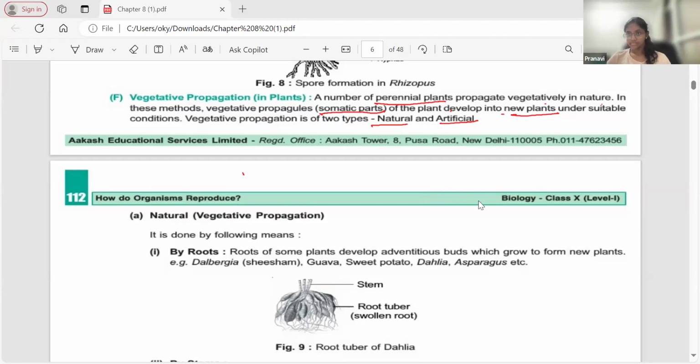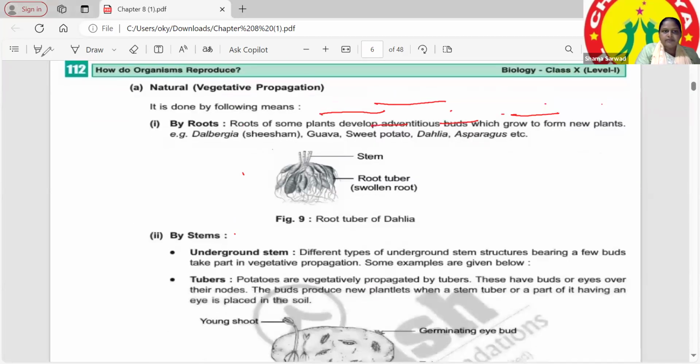Okay, now see here. In natural vegetative propagation, it is done by the following means. First one, by roots.